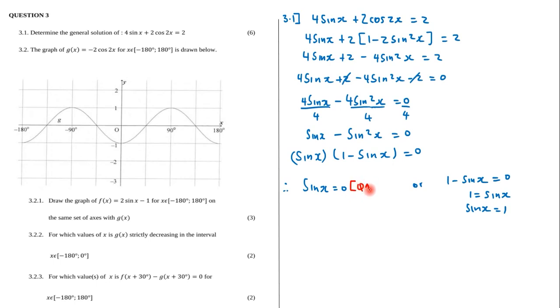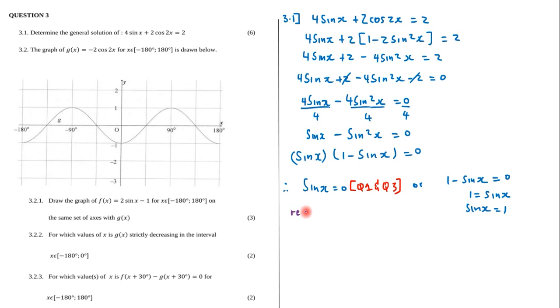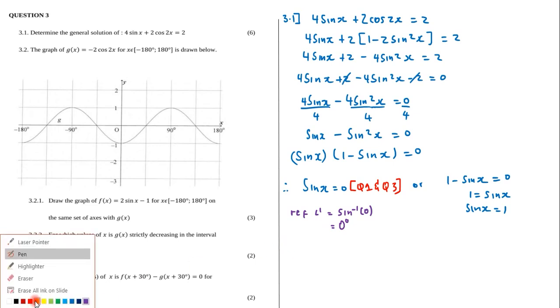For this video, we're going to be choosing quadrant 1 and quadrant 3. Alright, so next thing is to find a reference angle. The reference angle is going to be sine inverse of that value that we have there, which is 0. When you press on the calculator, this gives us 0. Then from there, we're going to go straight into our general solution.